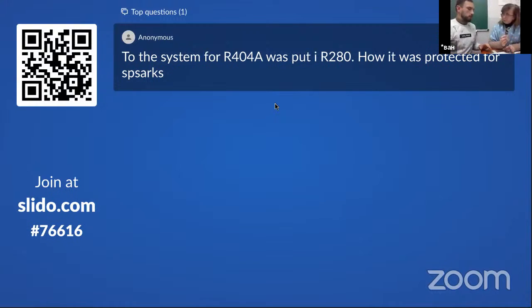There was a refrigerant charge of about 75 grams, within the permitted limit.